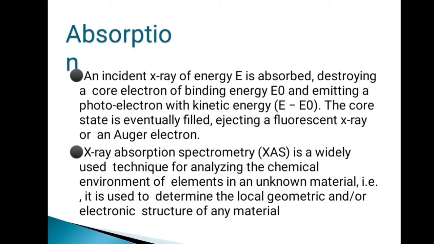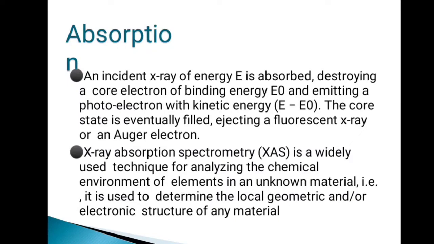In X-ray absorption spectroscopy, an incident X-ray of energy E is absorbed, and it destroys the core electrons of binding energy E naught and emits photoelectrons with kinetic energy. The kinetic energy is E minus E naught.